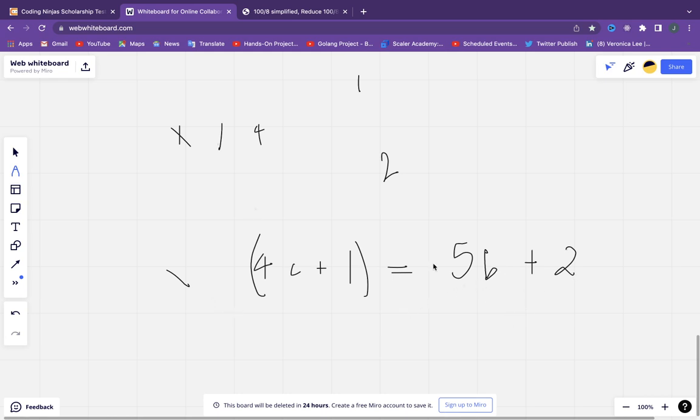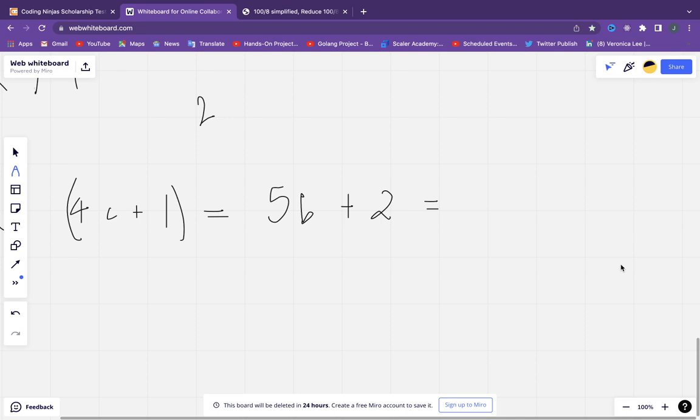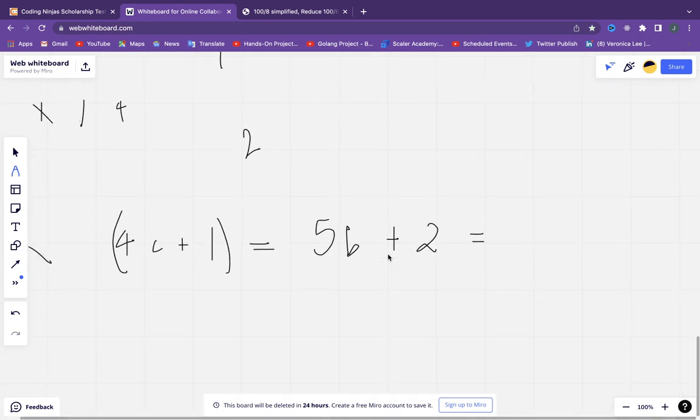And both of these are equivalent to what? So the answer would be C now. So this is equivalent to C, this thing.